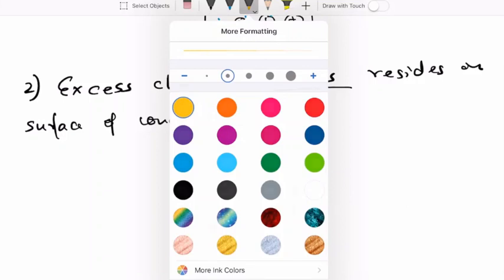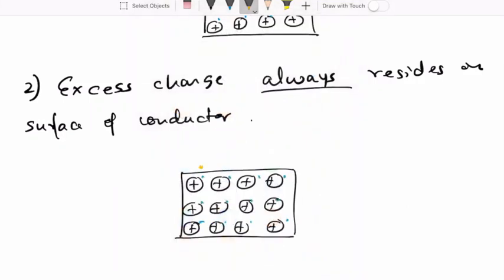So what I'm saying now is that these excess electrons that you gave to this block in the process of charging it will always reside on the surface. So these are the excess electrons, in this case.